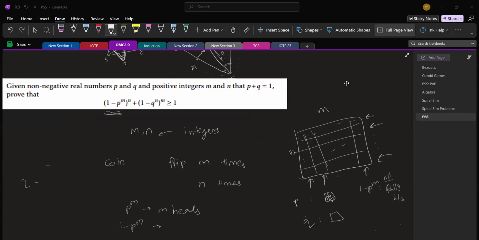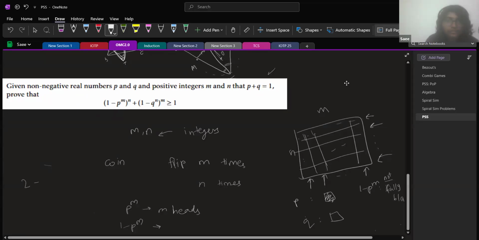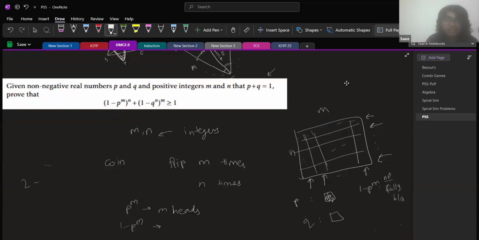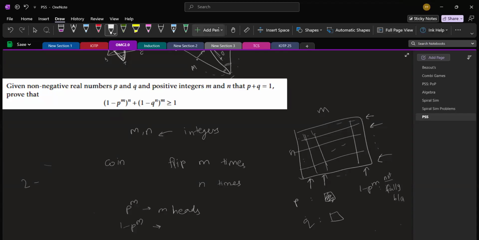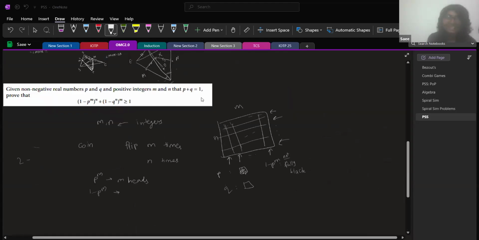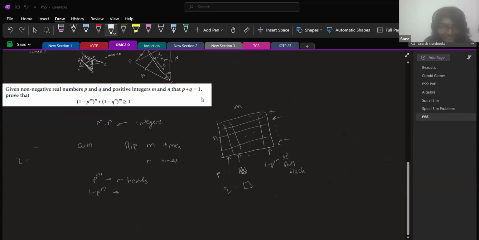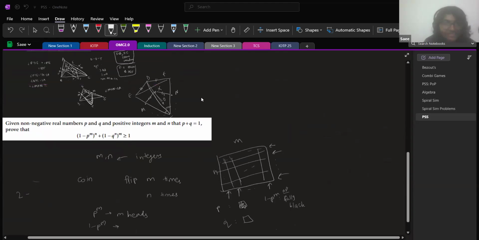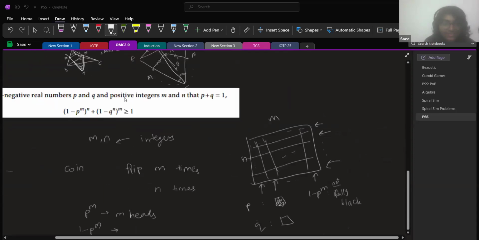But yeah, it's definitely the only inequality I would call my favorite, maybe, because it's combinatorics, no algebra.